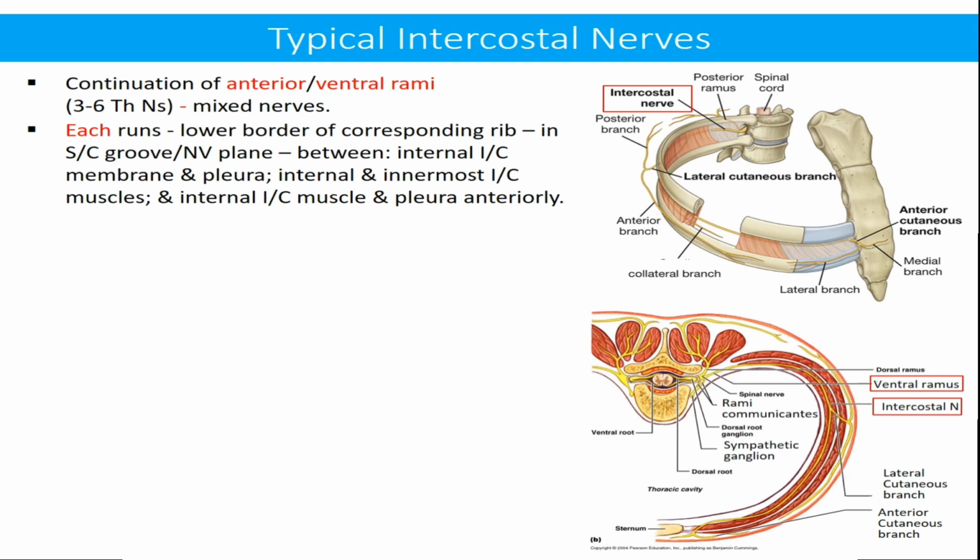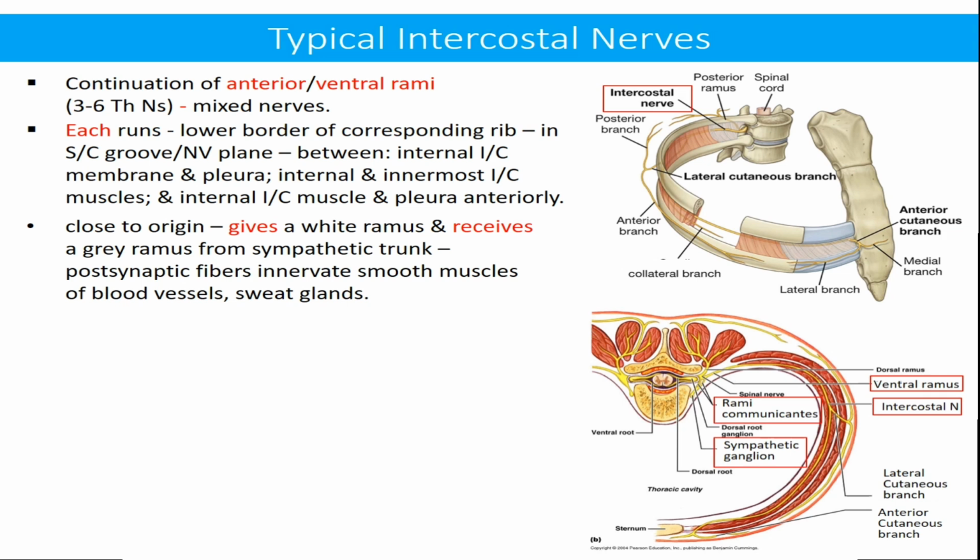Initially, on the posterior aspect, it lies between internal intercostal membrane and pleura. On the lateral aspect of the body, it lies between internal and innermost intercostal muscle, and on anterior aspect, it lies between internal intercostal muscle and pleura.